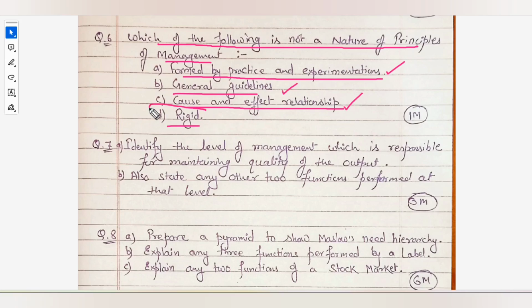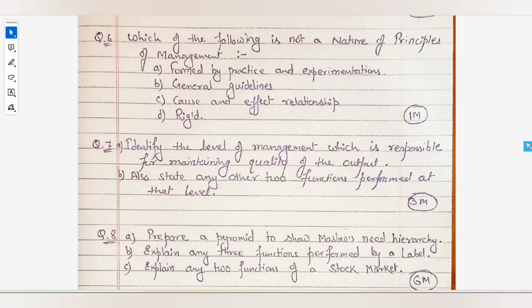Now, this cannot be the nature of the principles of management, because the principles of management are always applicable on human beings and they cannot be rigid. They have to be flexible. That is why option D is not stating the nature of the principles. That means option D will be the correct answer.